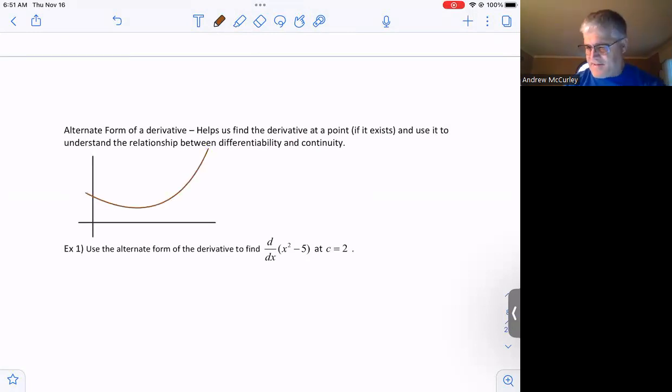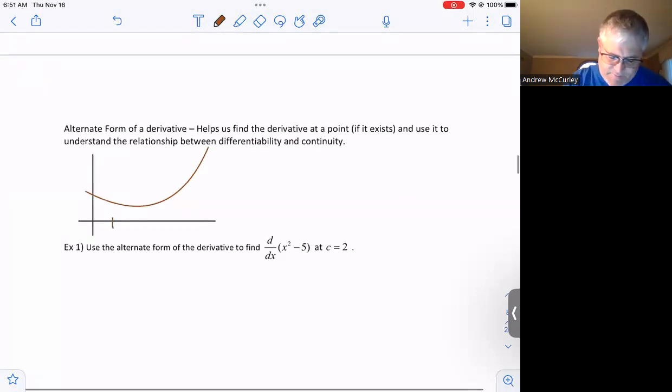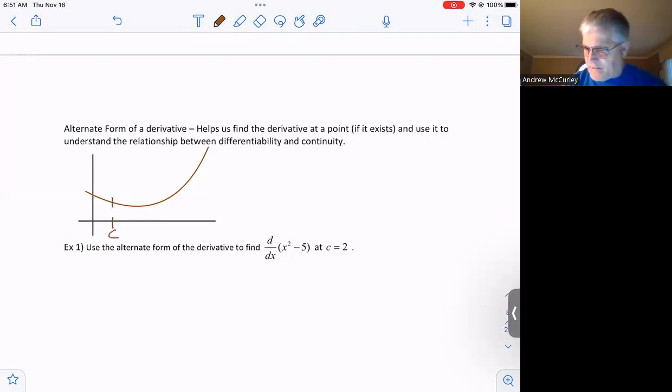I just want to talk this through. We would call this some value C here, and here's our x over here. And the distance between them is just x minus c. So that's as x approaches c. C is the point that we're looking at.